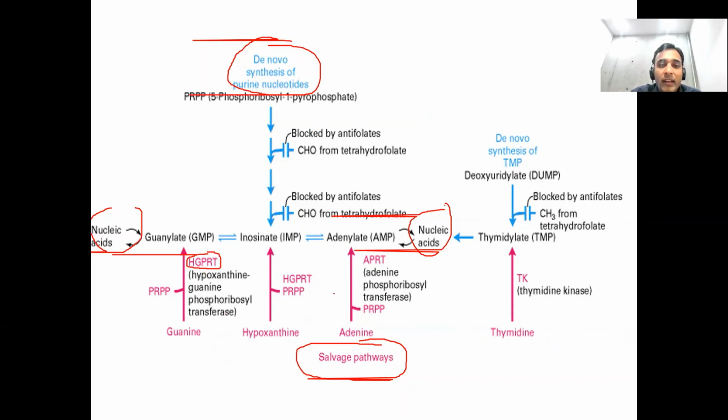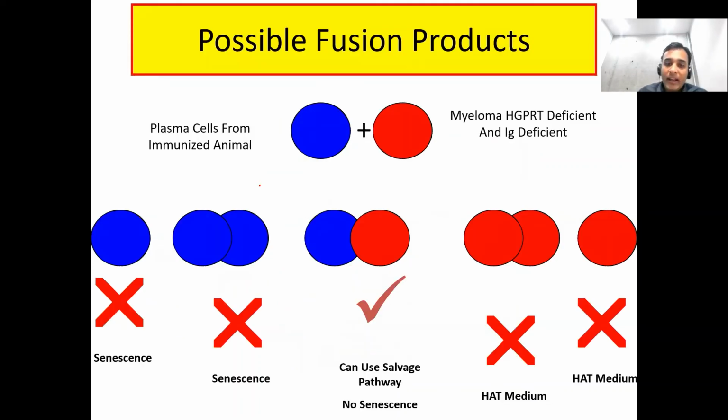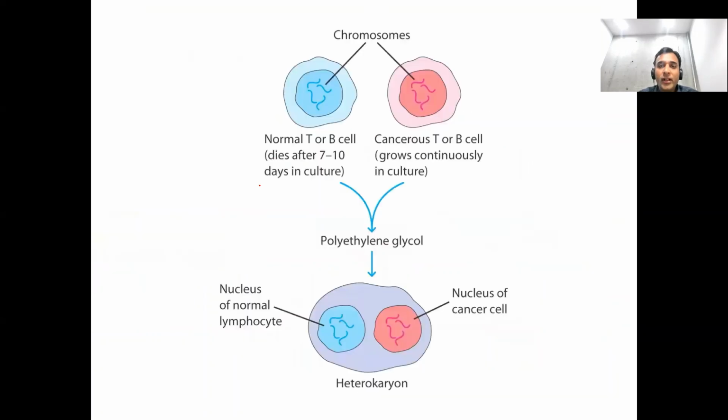And if they have aminopterin, the blocker, it will also block this pathway. So basically there is no way to create the nucleotides, and the de novo pathway will also be blocked.